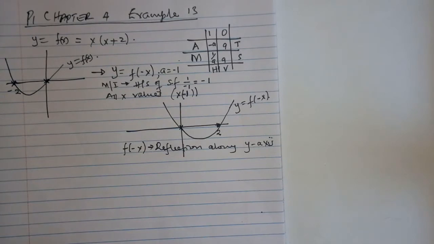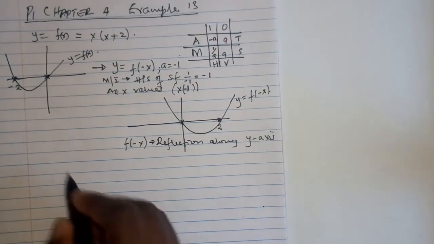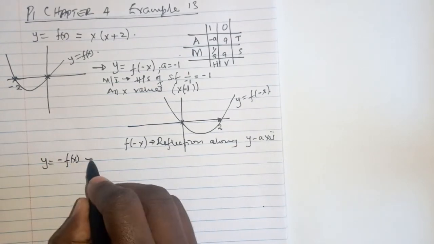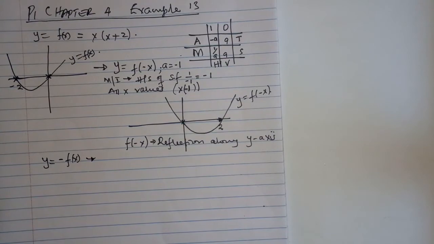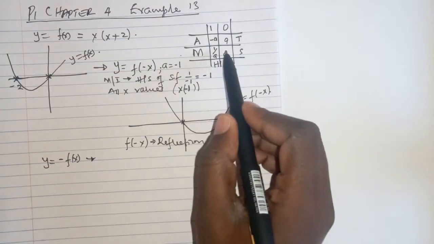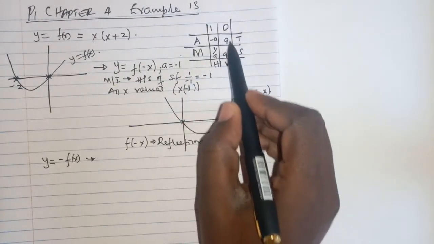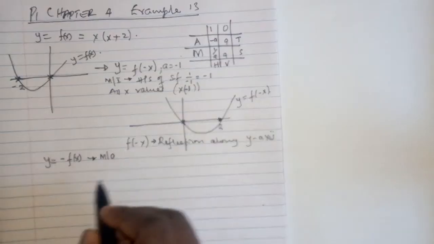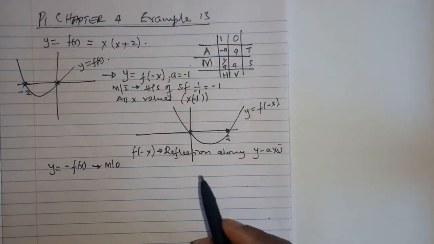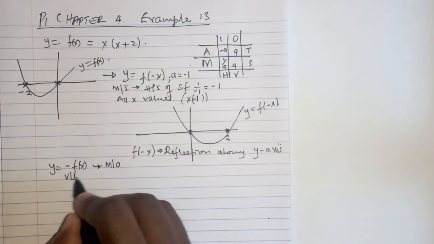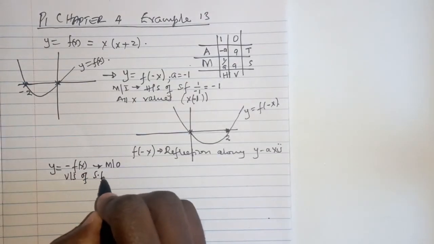At that point, we now need to talk about y equals minus f(x). According to the summary in Mayo, this is still multiplication but outside. And multiplication outside means vertical stretch of scale factor a.